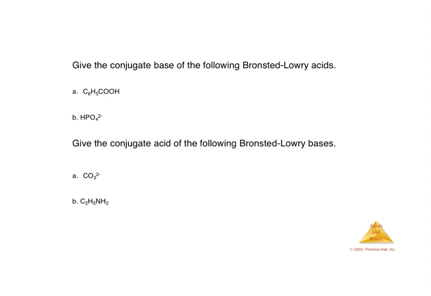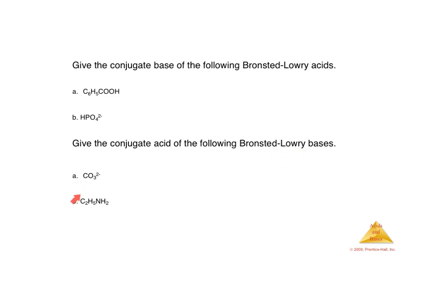Okay, so let's practice this a couple of times. Here are a few problems that I'm presenting to you. So what I want you to do is take a look at these problems and give the conjugate base for the following Bronsted-Lowry acid. So we are defining these molecules as acid. And then give the conjugate acid of the following Bronsted-Lowry bases.